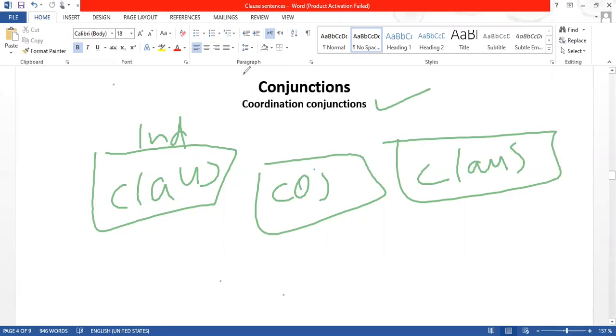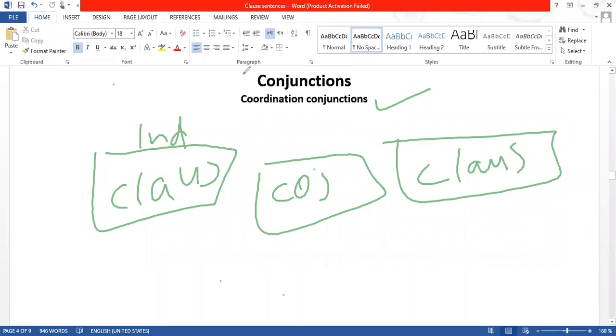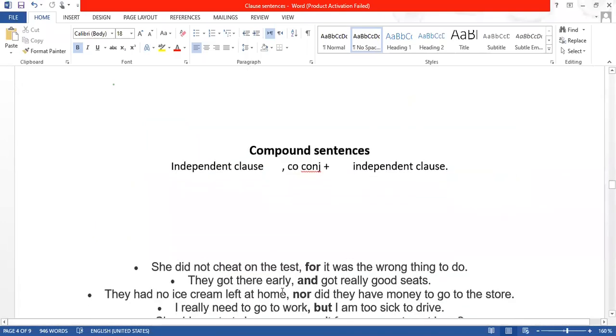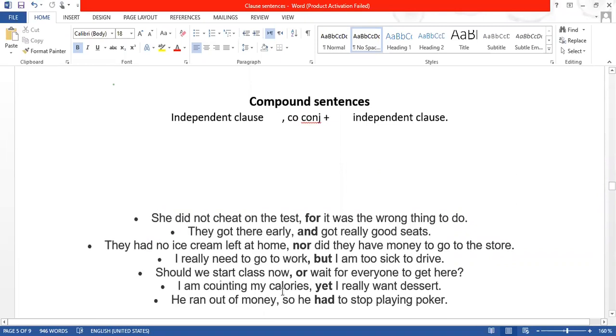You just have to understand these coordinating conjunctions, because sometimes people make mistakes while using them. There are a few where you make mistakes, and others you use correctly. So what is the formula for a compound sentence?